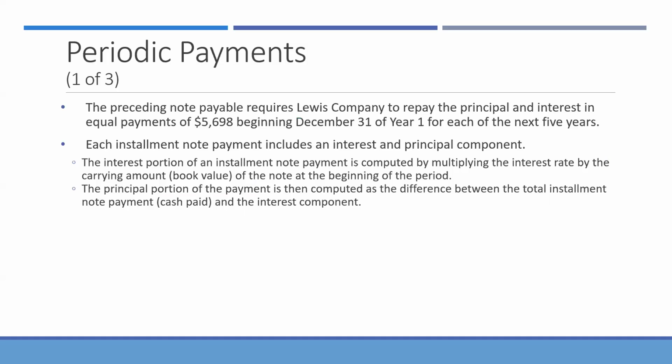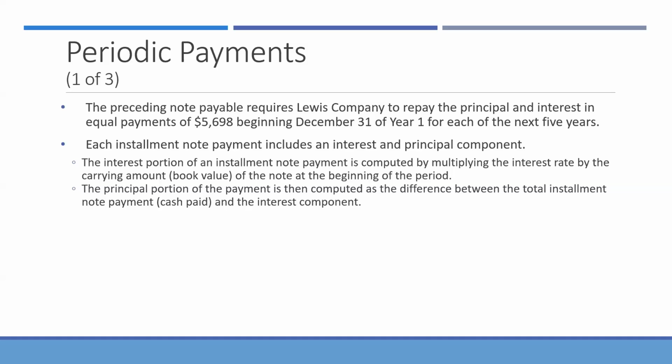Each year, at the end of each year, we pay $5,698, and then we have to attribute how much of this was interest and how much of it was principal paid.